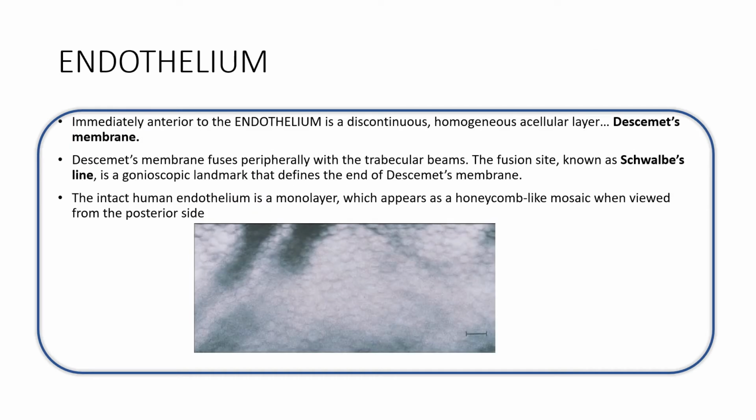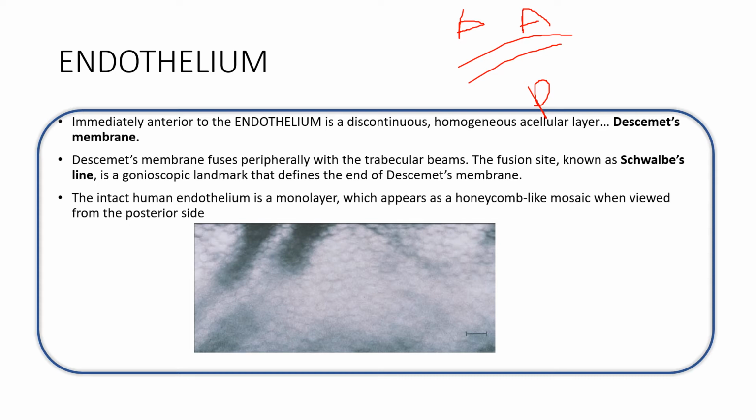Now we talk about the endothelium. So what happens in early embryogenesis? This posterior cornea, see, if this is the cornea, this is the anterior one, this is the posterior part. Now this posterior cornea is lined by a neural crest derived monolayer of cuboidal cells, right?